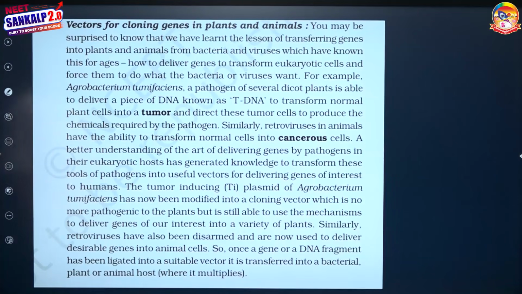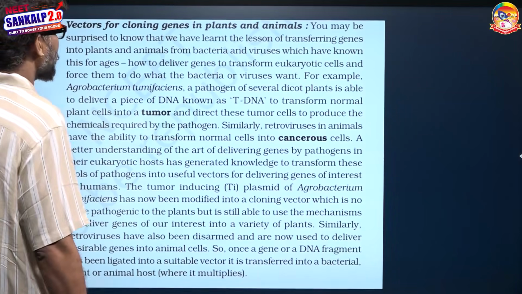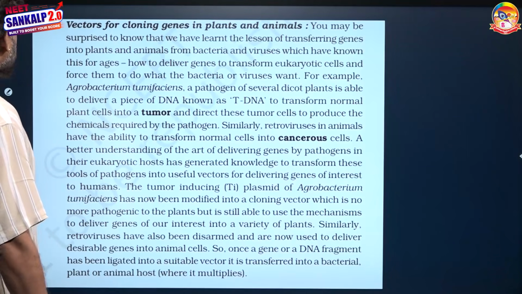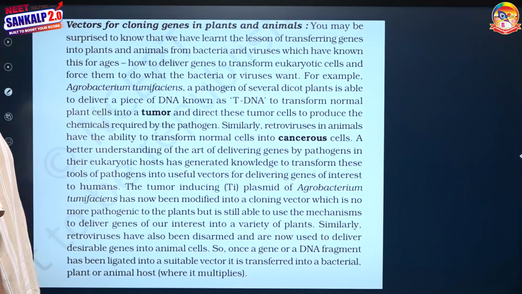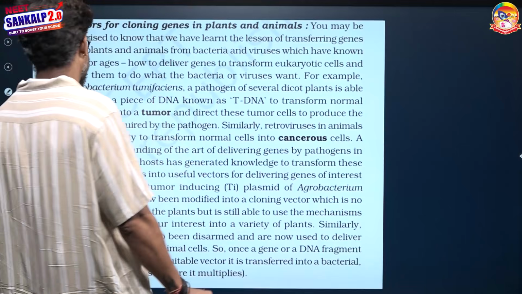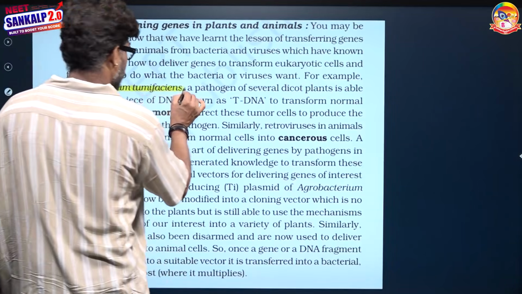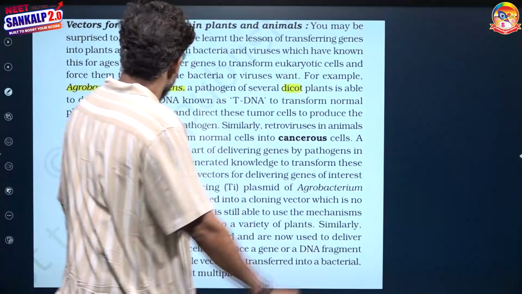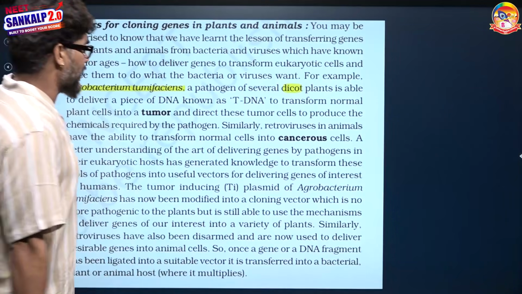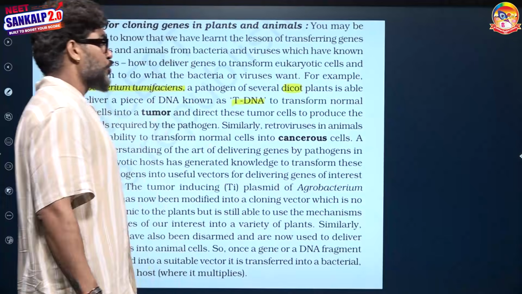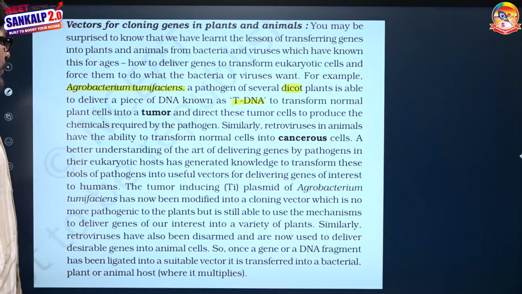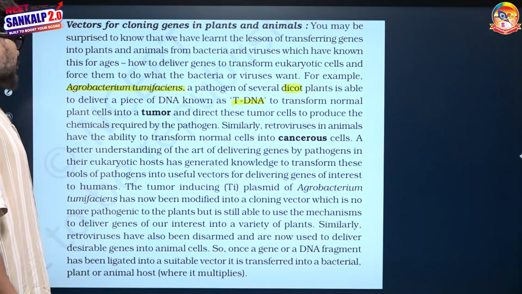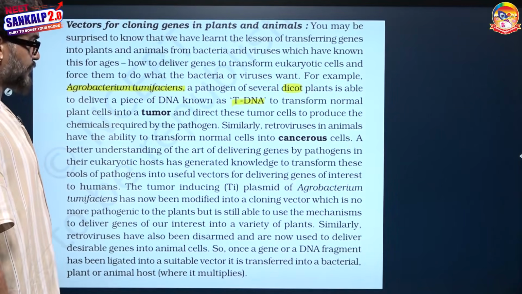Vectors for cloning genes into plants and animals. From bacteria to viruses, which have known for ages how to deliver genes, here they mention, for example, Agrobacterium tumefaciens, a pathogen of several dicot plants, which is able to deliver a piece of DNA known as T-DNA to transform a normal plant cell into a tumor and direct these tumor cells to produce the chemicals required by the pathogen.